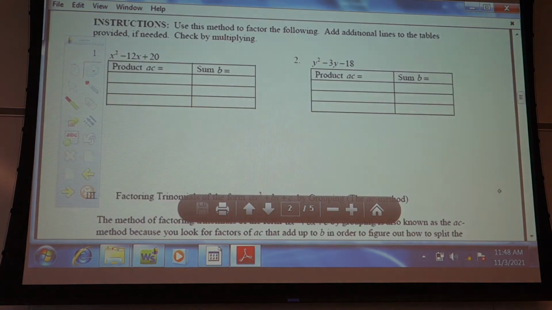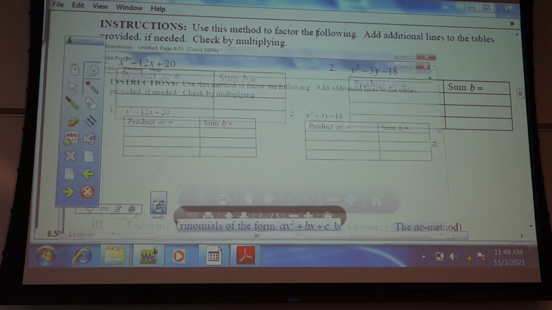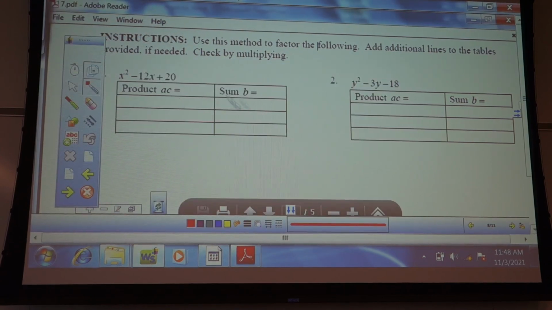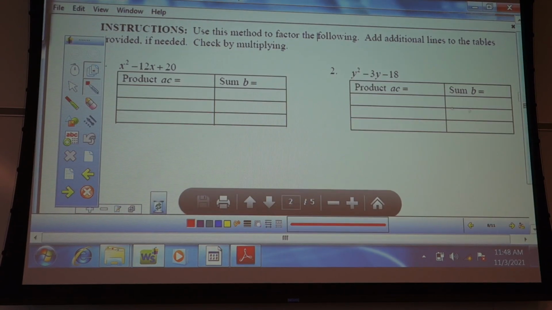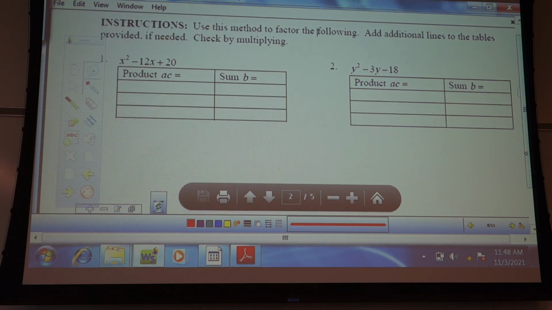In your groups, work on number 1. Figure out what the product of A times C is, figure out what B is, and then find two numbers that multiply to whatever the AC is and add to whatever the B is. So try some different ones.